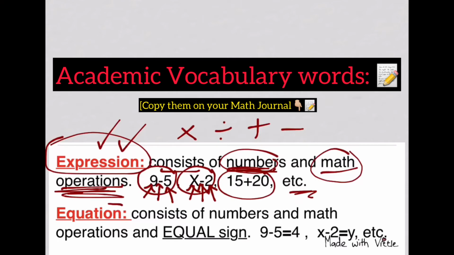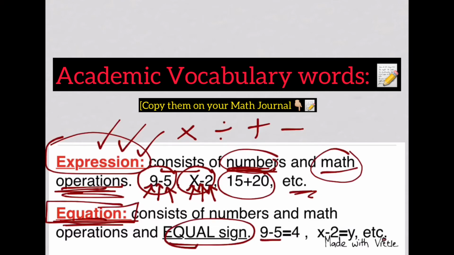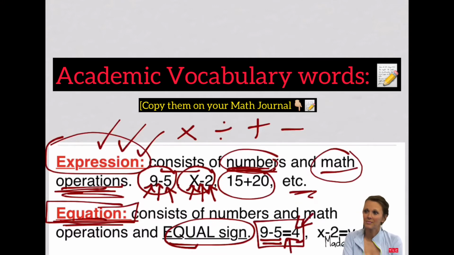Now, what about equation? When can we turn an expression to become an equation? When you solve an expression, you're going to put an equal sign, just like 9 minus 5 equals 4. Now you have an equation because it has the equal sign, and it has the solution to the expression. Another example is x minus 2 equals y.